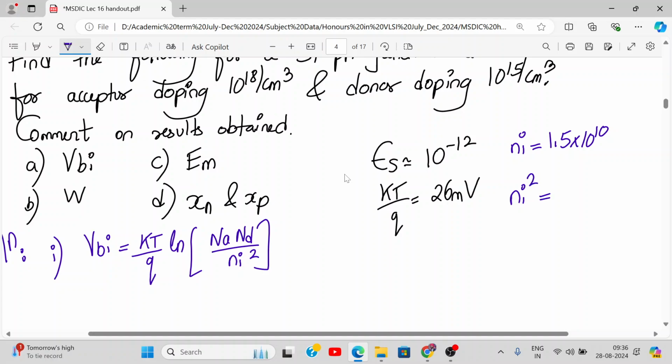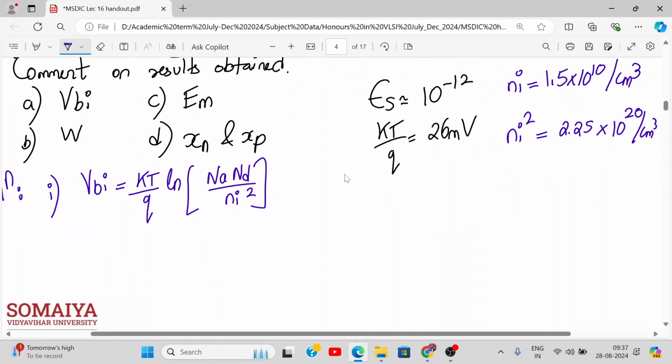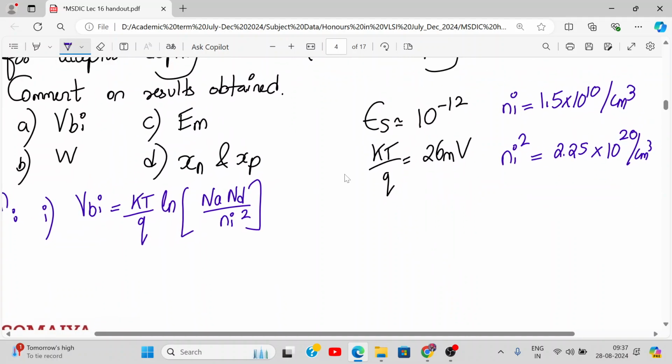Normally we should remember them, if it is given, or else you have to know this. Ni square will be 2.25, right?